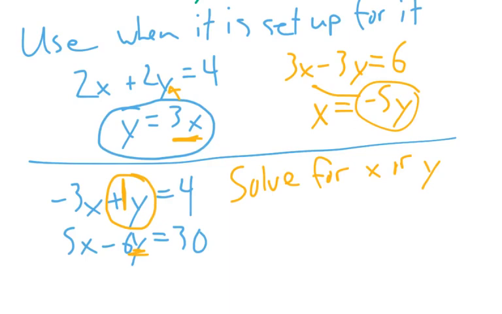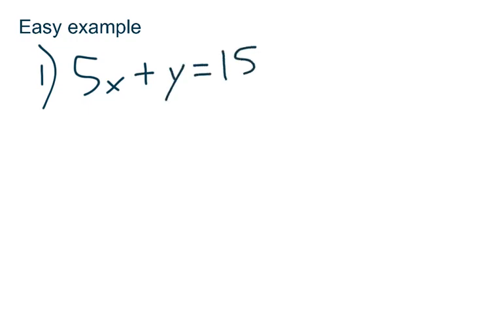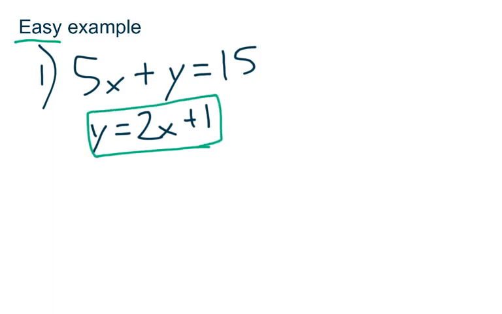So now let's walk through this process. We talked about the what and the why and the when, but now let's start off with some examples. For our first example, let's say we have 5x plus y is equal to 15, and y equals 2x plus 1. I'm putting this in the category of easy, quote unquote, because this is already solved for y.